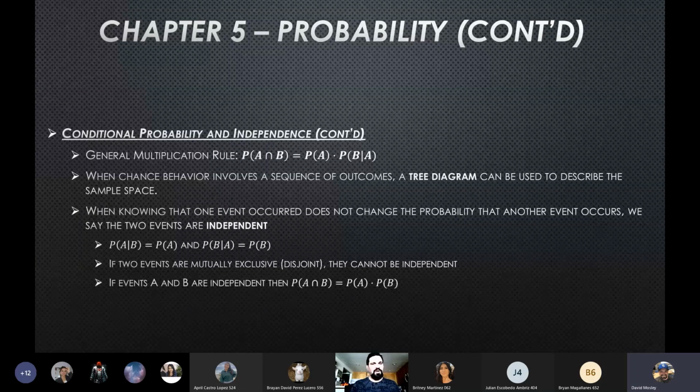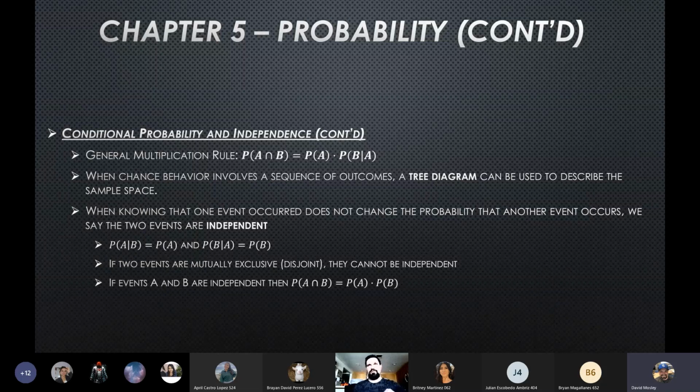When chance behavior involves a sequence of outcomes, a tree diagram can be used to describe the sample space. So essentially, if you're dealing with a random process where the next thing that happens depends on something else happening first, maybe you have a tree diagram where if the sum of the two dice is less than 6, you go up on one side of the tree.